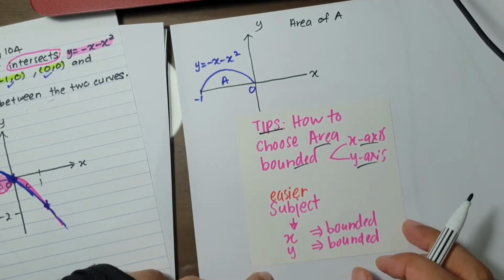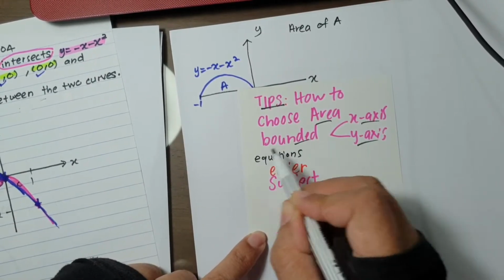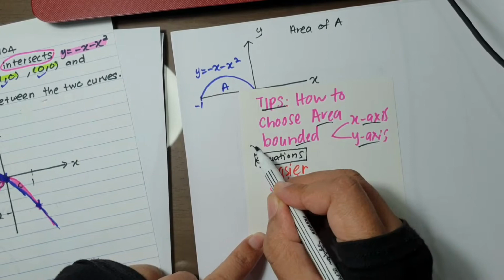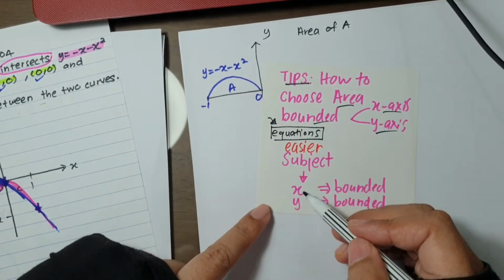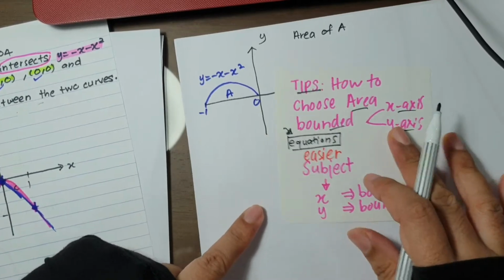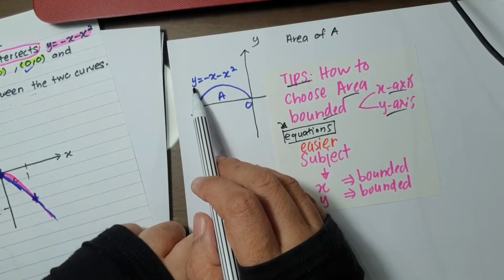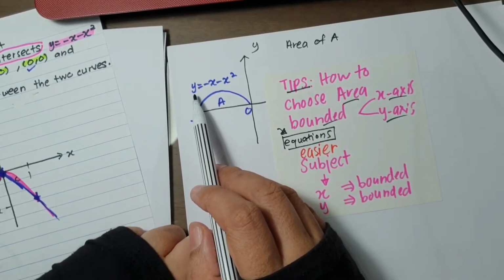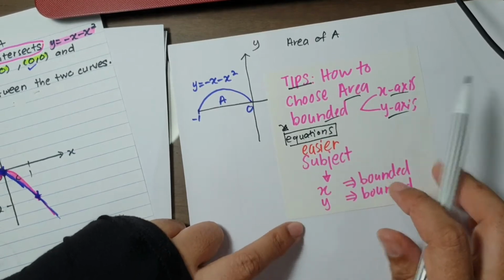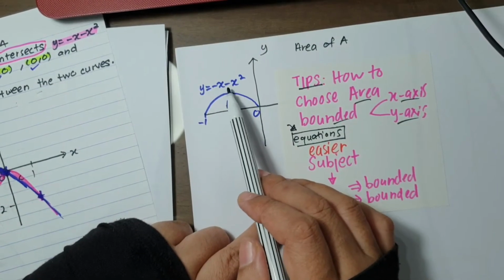Look at the given equation and see which one is easier, whether you make x your subject or y your subject. Looking at this equation, of course it's easier if y is the subject, because y is already the subject. So it is better to choose y as the subject. If you make x the subject, you have to do many more steps.